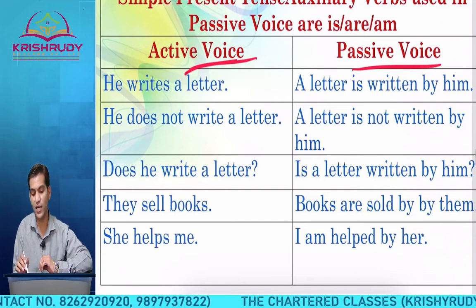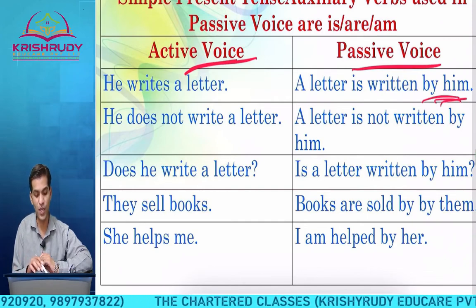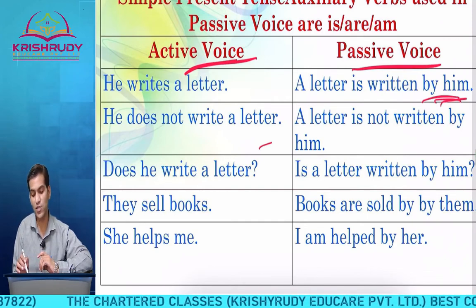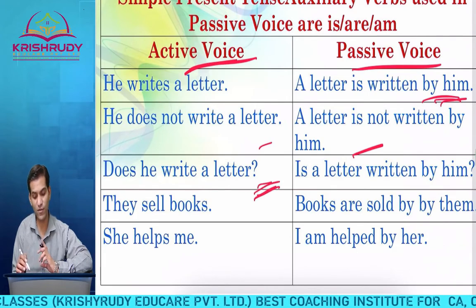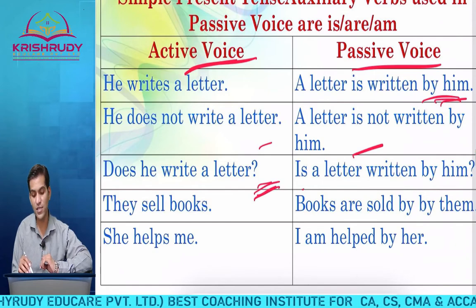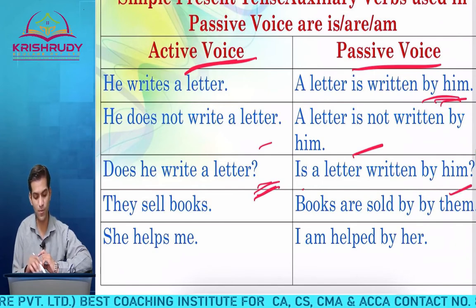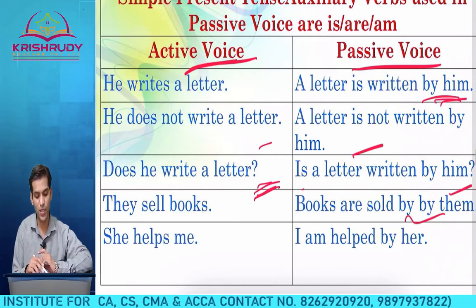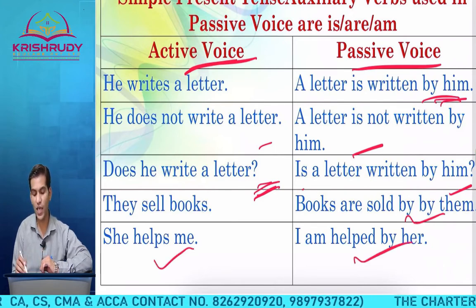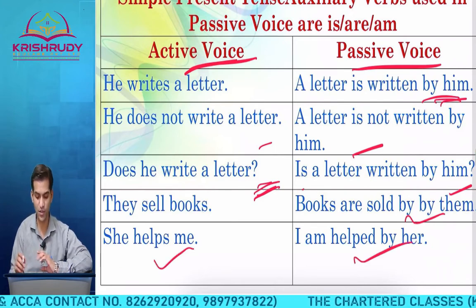Passive: "A letter is written by him." "He does not write a letter," "A letter is not written by him." "Does he write a letter?" Now this is interrogative, you must see this: "Is a letter written by him?" "They sell books," "Books are sold by them." "She helps me," "I am helped by her."